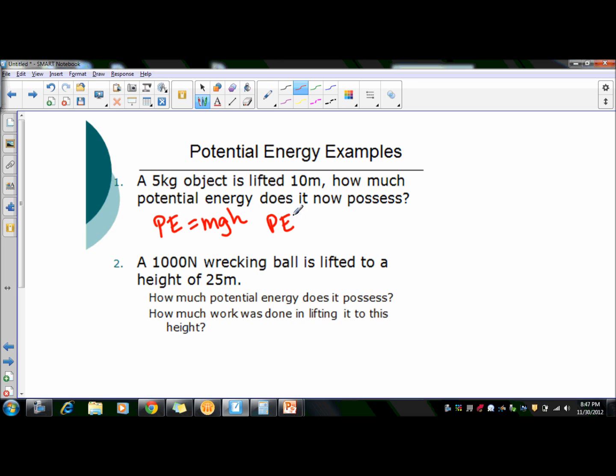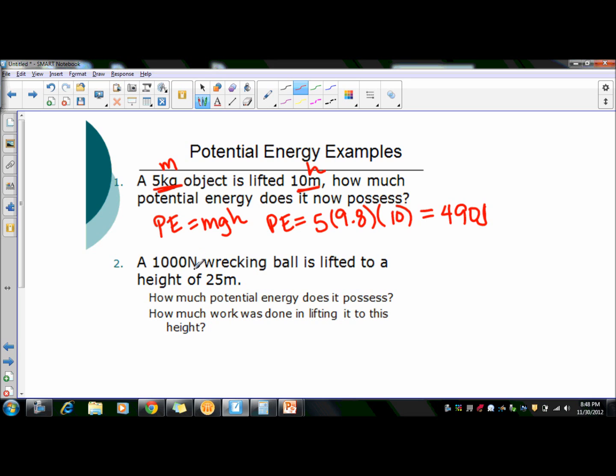So PE equals mass, 5 kilograms, times g, which we've known since very early on is 9.8, times the height, where height is measured in meters, so times 10. So 5 times 9.8 times 10 gives you a potential energy of 490 joules. So we did 490 joules of work to lift this object.